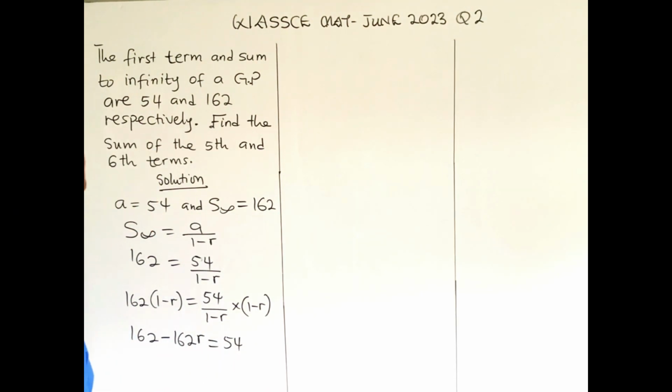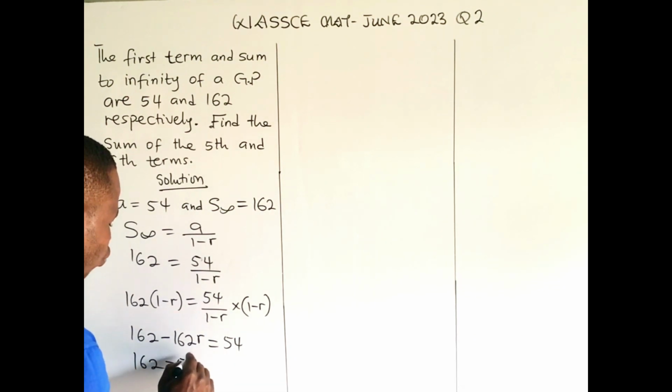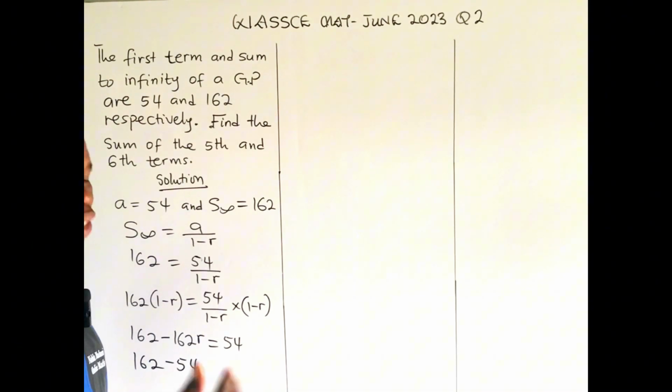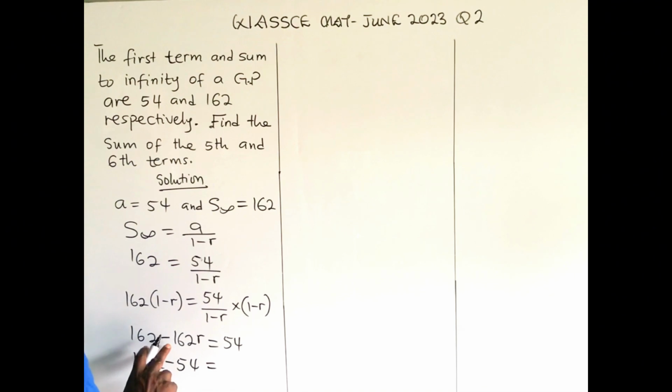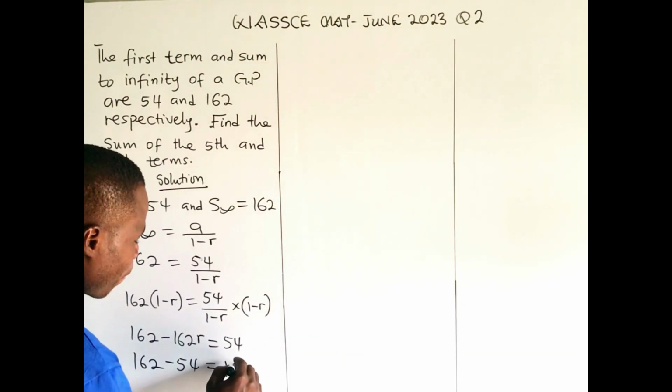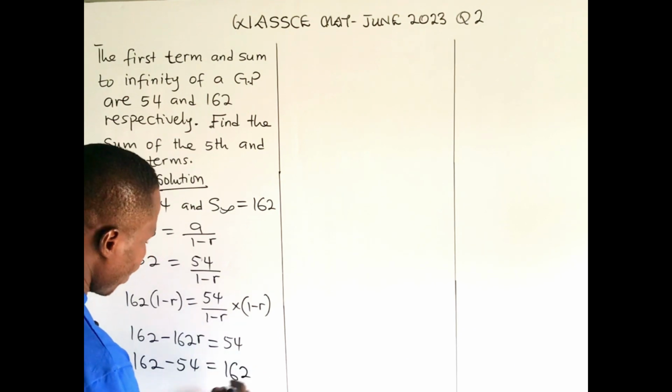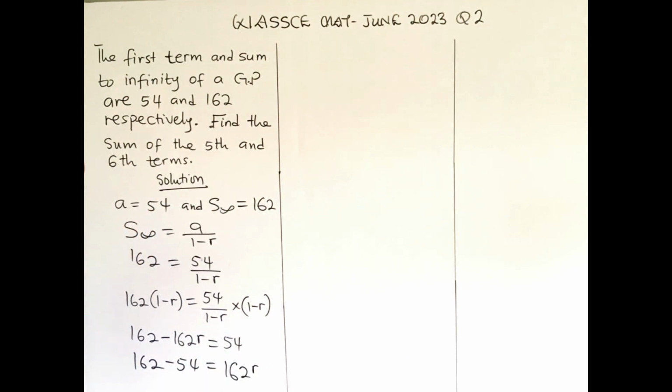To continue, I'll bring numbers to one side and send the one with the variable r to the other side. So I'll have 162. Bringing 54 to this side, since it is positive, it will not change to be negative, since we are sending it across the equal sign. Then this will be equal to, sending minus 162r to the right hand side, it will become positive 162r.